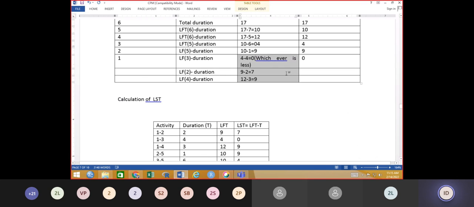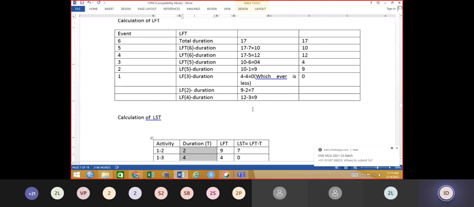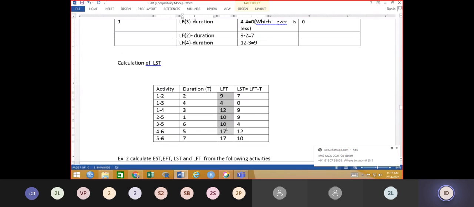Now once we get the LFT, then simply we have to put it into this formula again, activity 1 to 2, so on 5 to 6, then durations, then the LFT which we just calculated. Here we have to take the LFT of this, right? And the LST calculation, keep the formula in mind: the LST, latest start time, is equal to latest finish time minus duration.